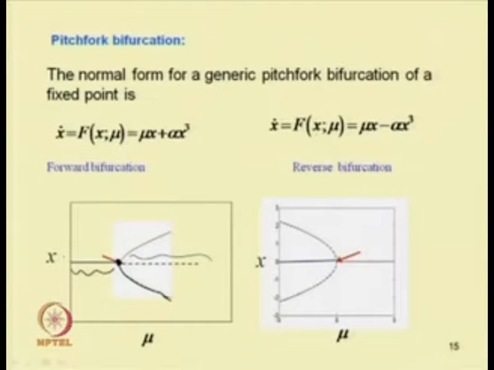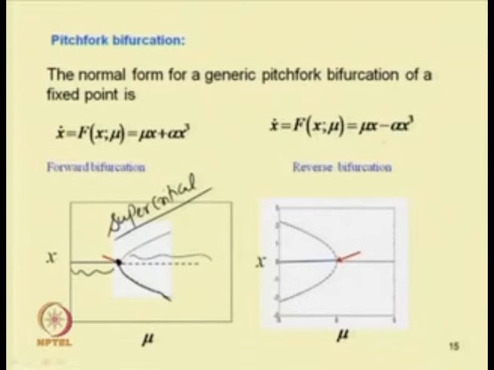This forward bifurcation is known as a supercritical pitchfork bifurcation. So, this bifurcation point is supercritical, because from the stable trivial solution we are getting a stable non-trivial solution.